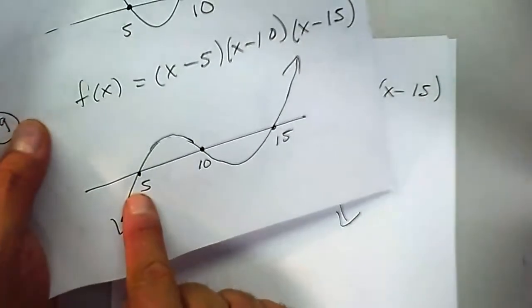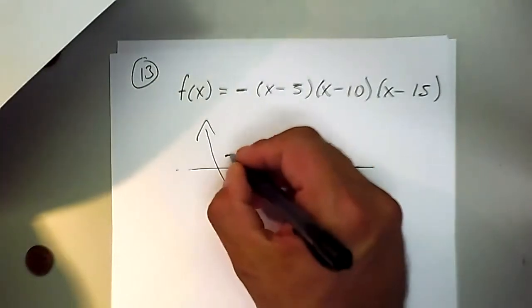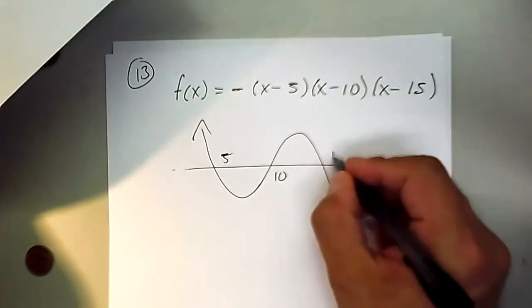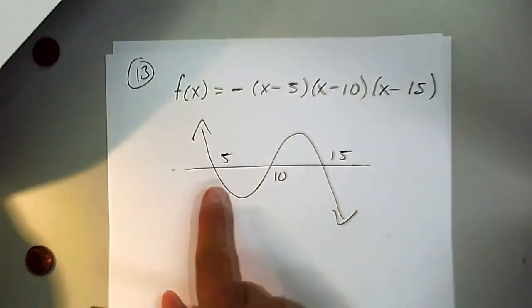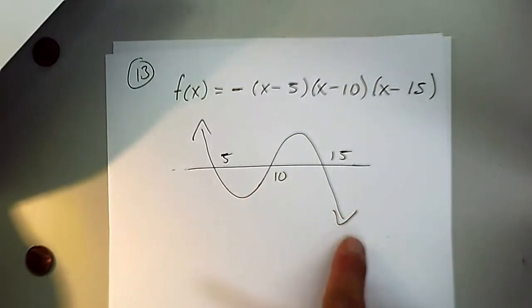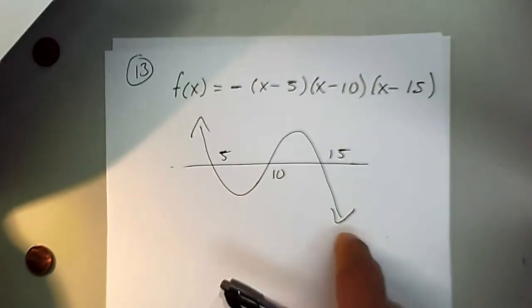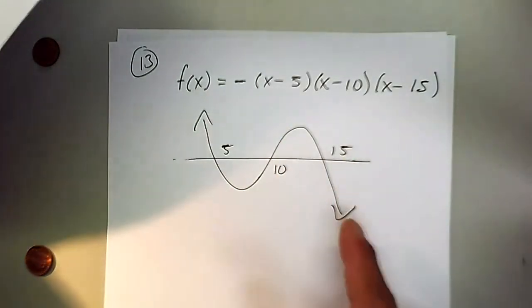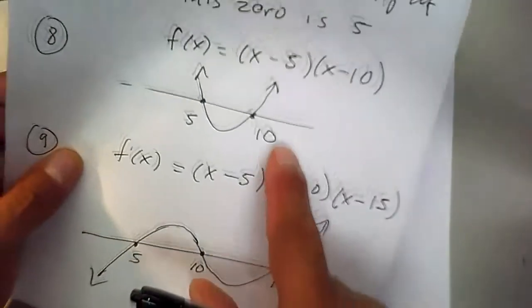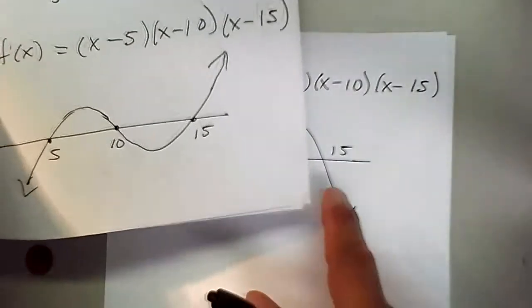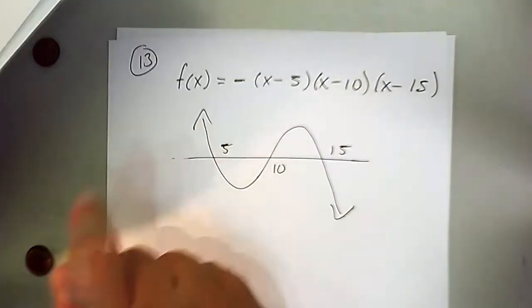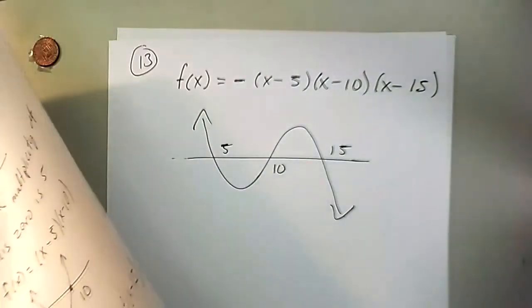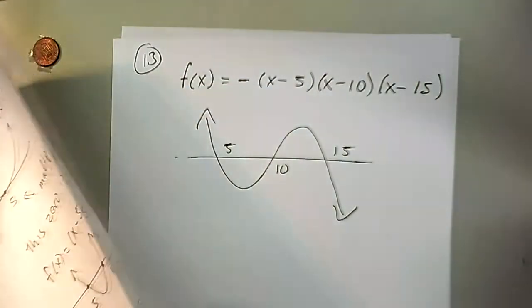We're still going to go through 5, 10, and 15, but the graph is going to have a right-end behavior going down and a left-end behavior going up. So that's how we alter this situation of going up on the right all the time. Now the head is going down and the tail is going up, even though we have 3 zeros.